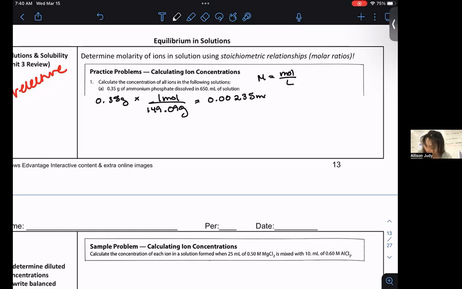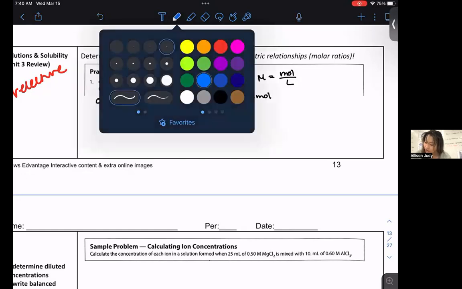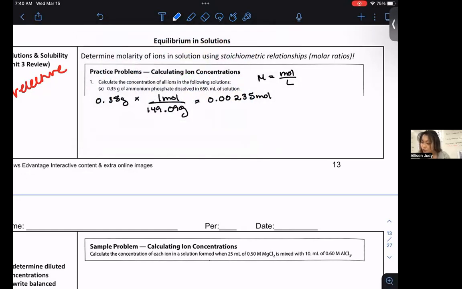And we have a mole amount of 0.00235. And now what I want to do is I want to go from not just moles, but I want to get to concentration of my original sample. So I know that I am in 650 milliliters, and that translates to 0.650 liters. So I'm going to calculate that to get moles per liter.